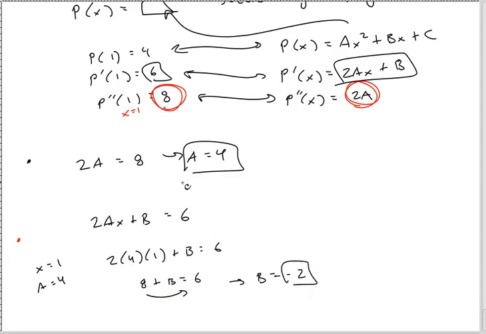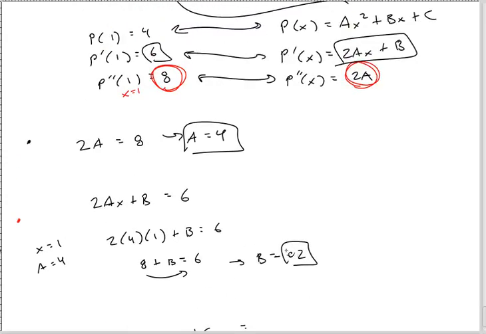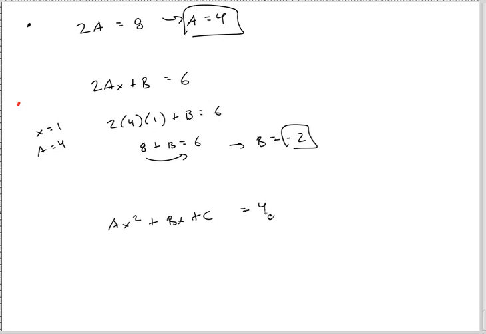Cool. And then the last one, of course, now I've got my ax squared plus bx plus c is equal to 4. Again, I already know some stuff. My x is equal to 1, my a is equal to 4, and my b is equal to negative 2, and I should be able to plug it all in. And so then what I actually have is 4 times 1 squared, negative 2 times the 1, I got a c, which I don't know yet, and then finally my 4.